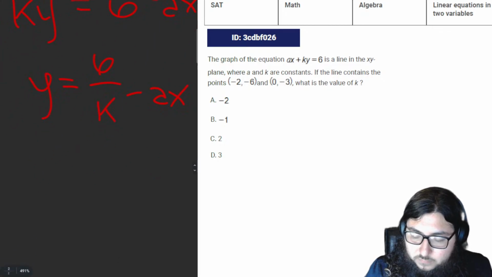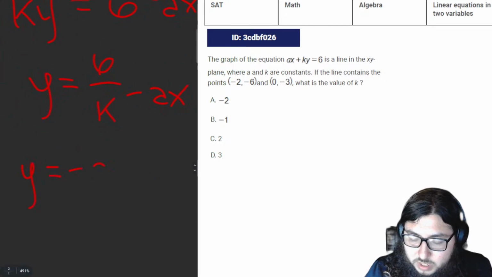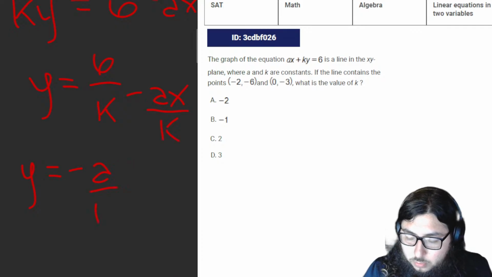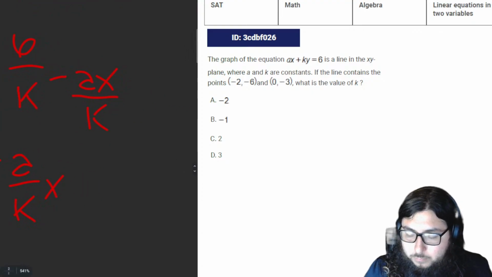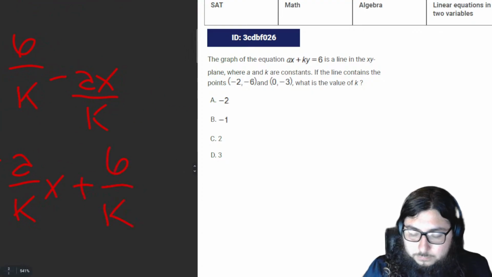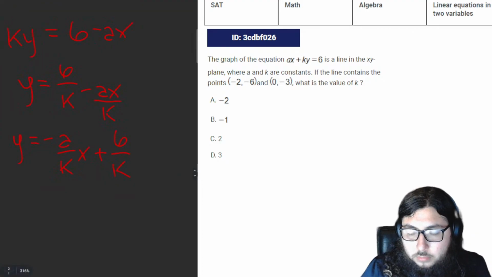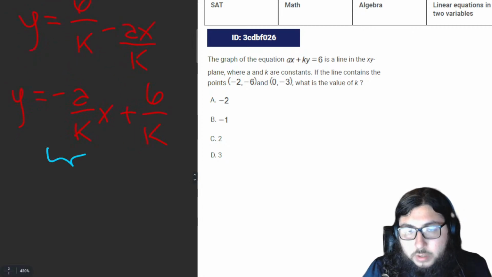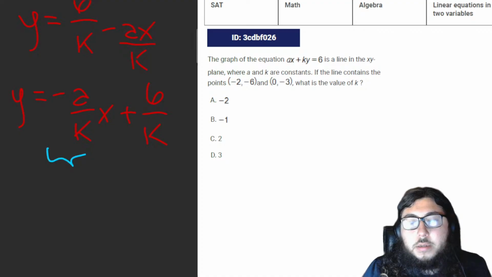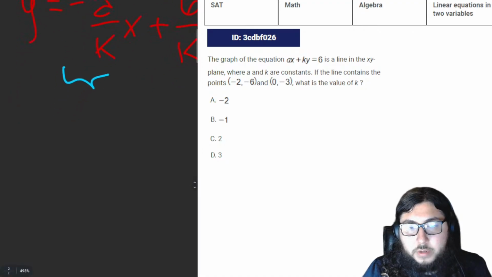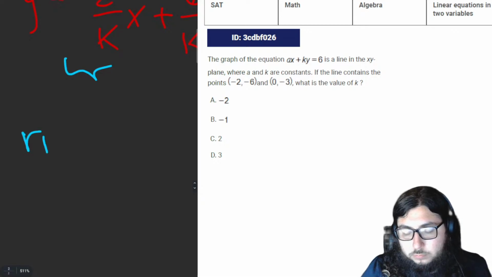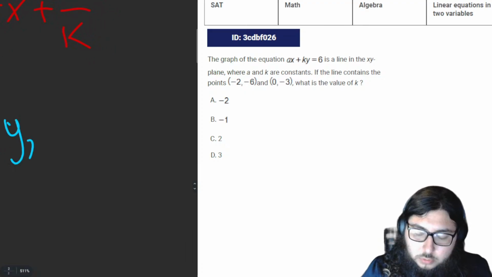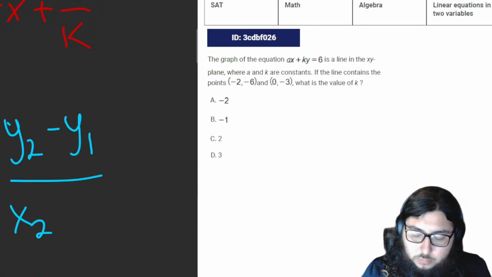If we want this in slope-intercept form, we could rewrite it as y equals negative a over k times x plus 6 over k. From there, we can solve for the slope, negative a over k, by taking the 2 points and solving accordingly. So rise over run is equal to y2 minus y1 over x2 minus x1.